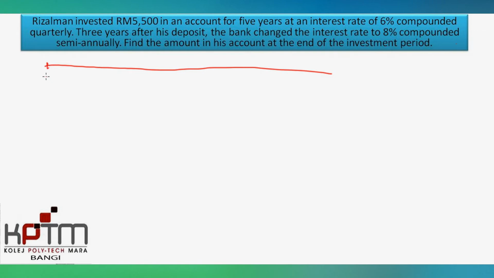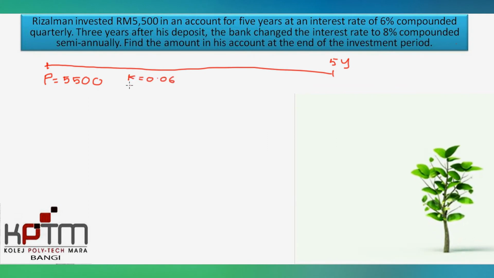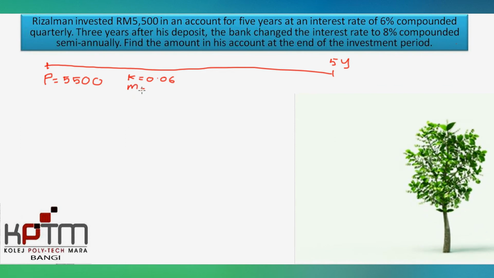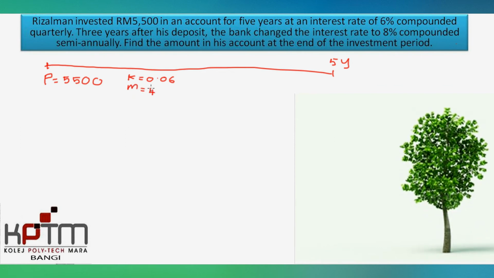The word invested means that is our principal, 5,500. Our time is 5 years. Interest rate is 0.06. Our M, quarterly, should be 4.